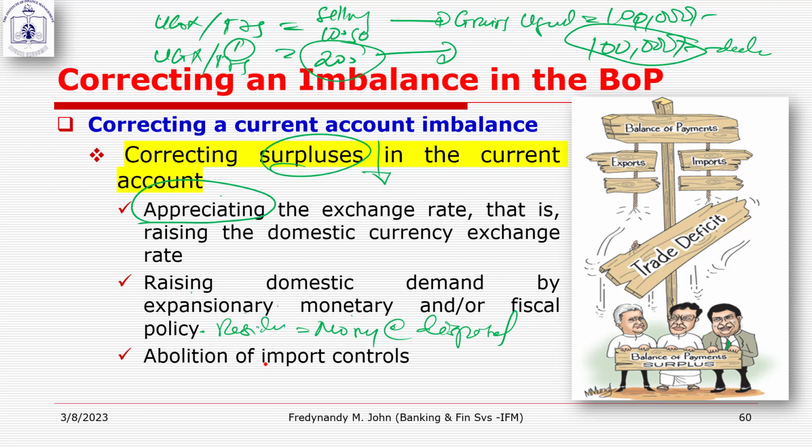Again, if there were some import controls such as tariffs or import quotas, then you need to abolish them. By taking away these import controls, again, you will manage the surplus.